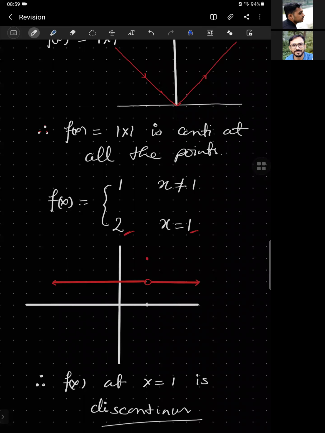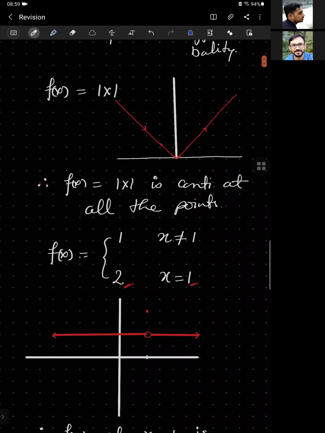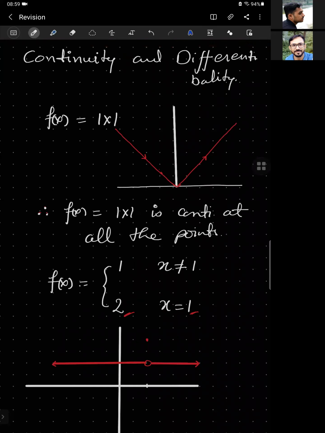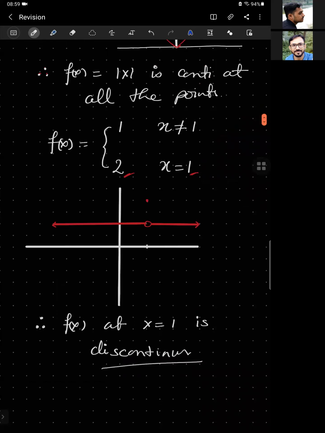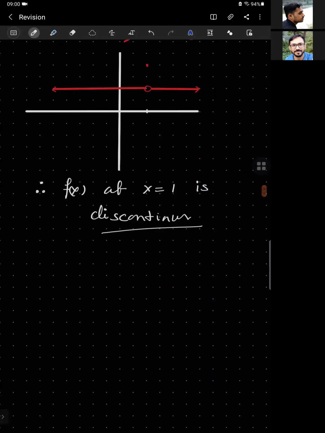Now see, we are doing the questions using the graphical method, but there could be some other method also. So for that other method, now I'm taking another question.